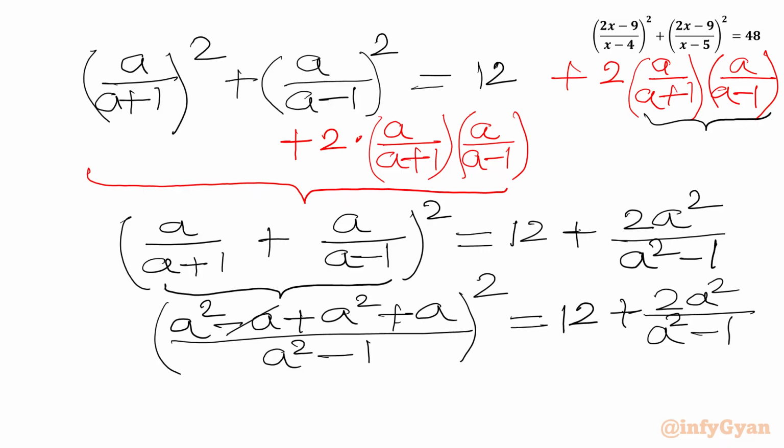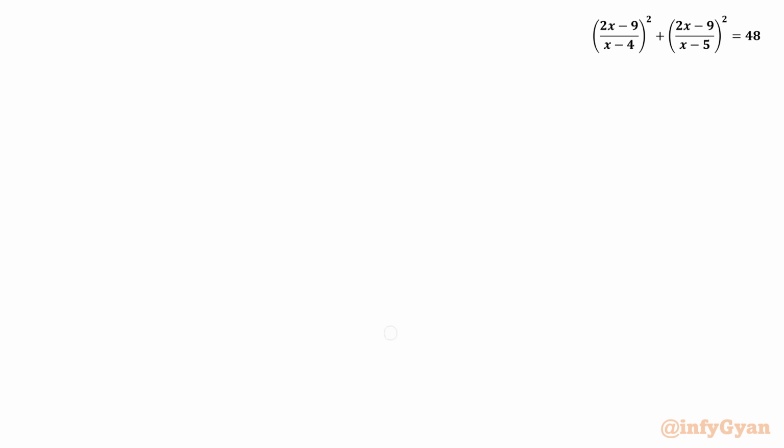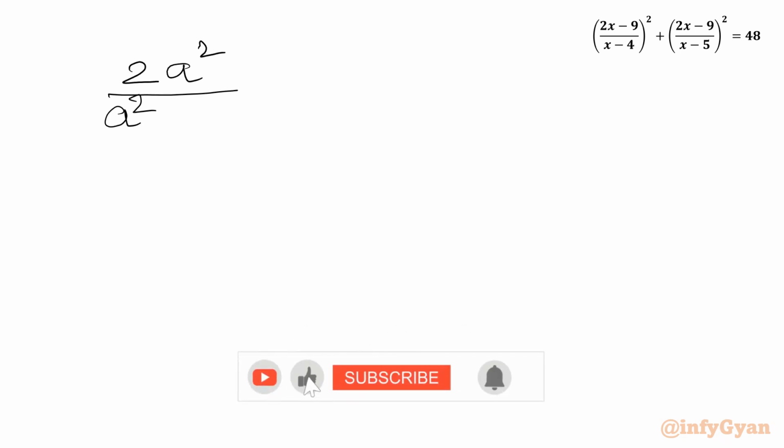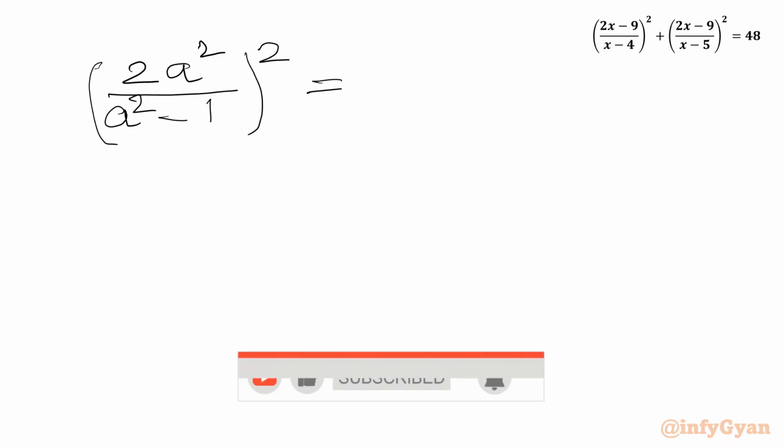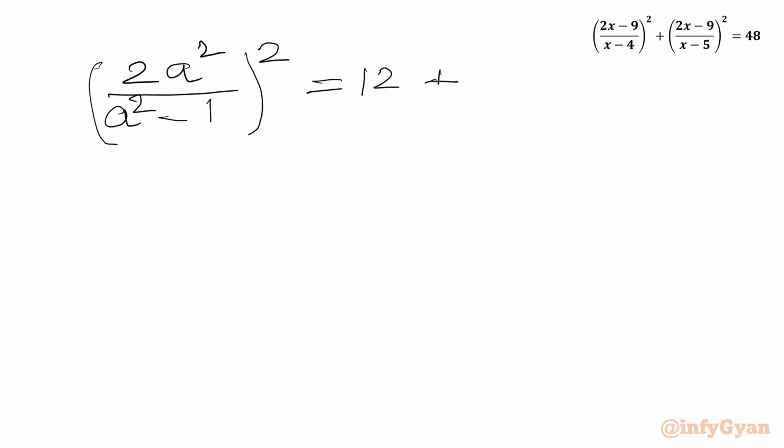Now plus and minus a will be over. So we will write LHS as 2a squared over (a squared − 1) whole squared. So 2a squared over (a squared − 1) whole squared equal to 12 plus 2a squared over a squared minus 1.